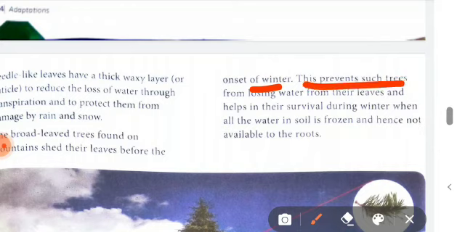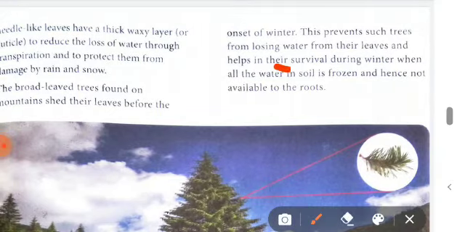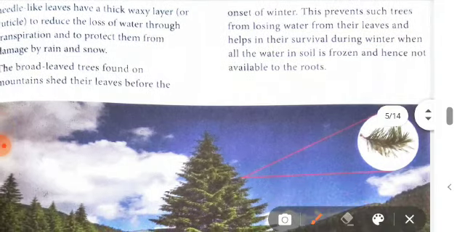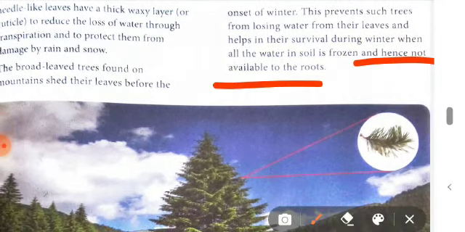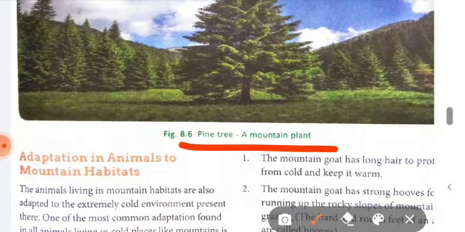This prevents such trees from losing water from their leaves and helps in their survival during winter, when all the water in the soil is frozen and hence not available to the roots. Now next, here you can see the figure of a pine tree. It is a mountain plant, and this shows how the adaptation occurs in mountain plants.